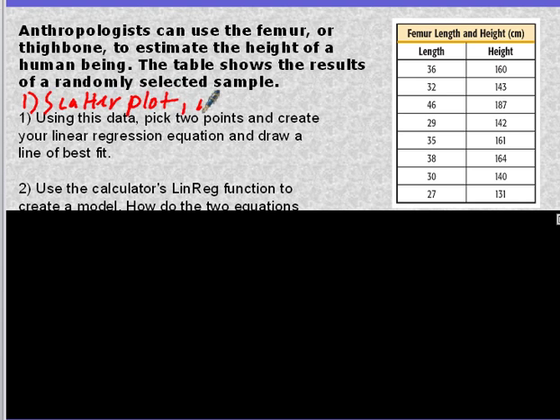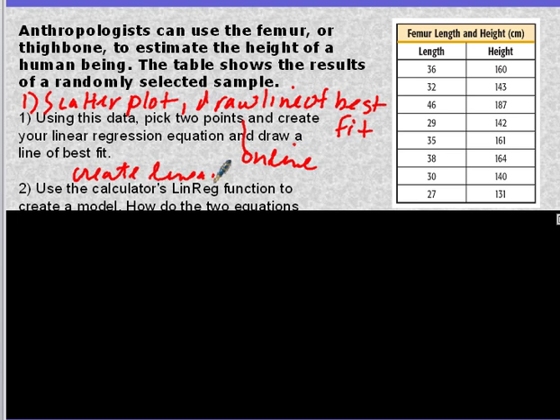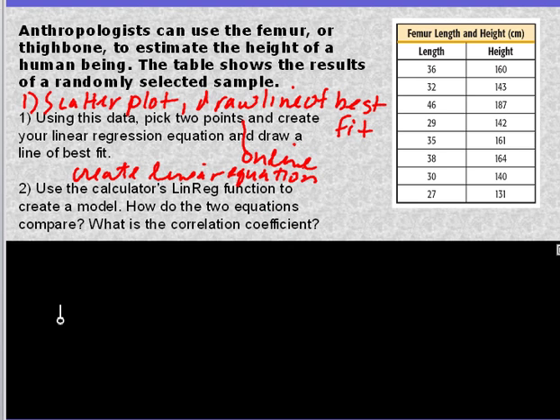Draw your line of best fit. And then pick 2 points on the line to create your linear equation. So I want you to create your linear equation manually. Then I would like you to use your linear regression function on your calculator and see how far apart or how close the two equations are.